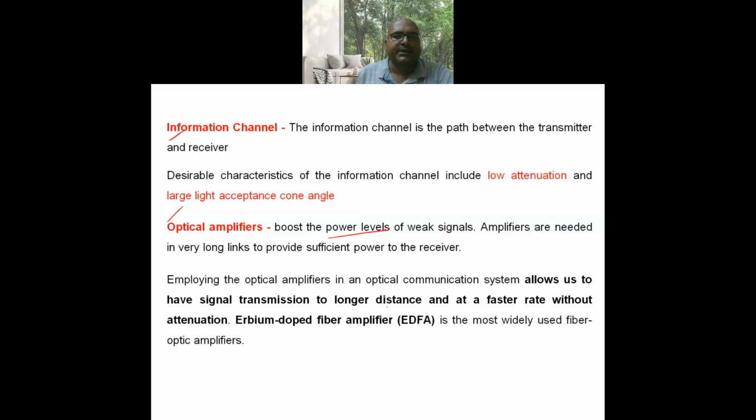The very important information about optical receivers is that with the invention of erbium doped fiber amplifiers, they are majorly used in the third window.